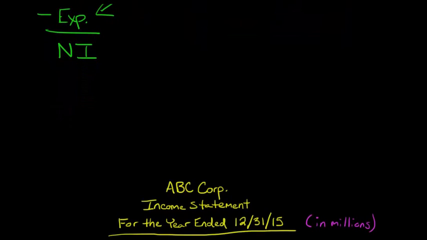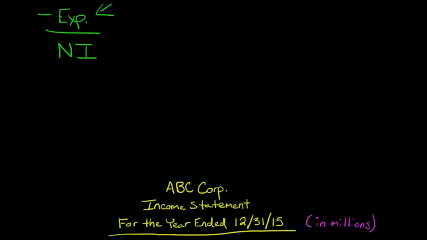The most important thing to note at the start is the heading. Remember that the income statement is for a particular period in time, the results of the firm's operations. So we see "for the year ended," meaning we're looking at the results of the firm's operations for a year.